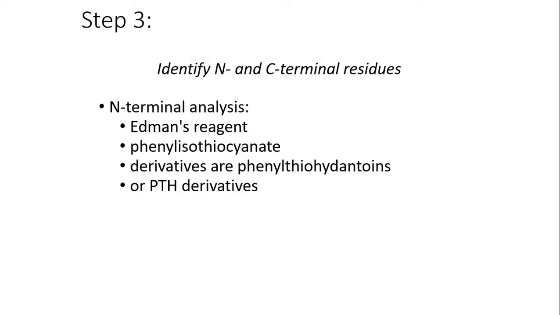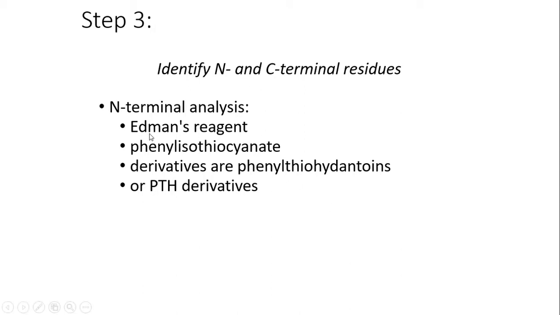We need to identify N and C terminal residues. So remember that polypeptide chain has an amino terminus and a carboxyl terminus. So we've looked at Edman's reagent. I've already told you that it identifies N-terminal amino acids.